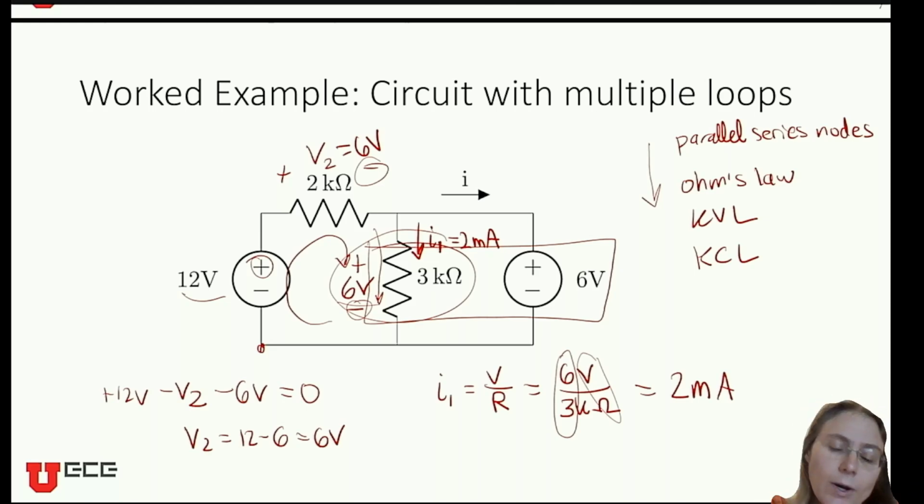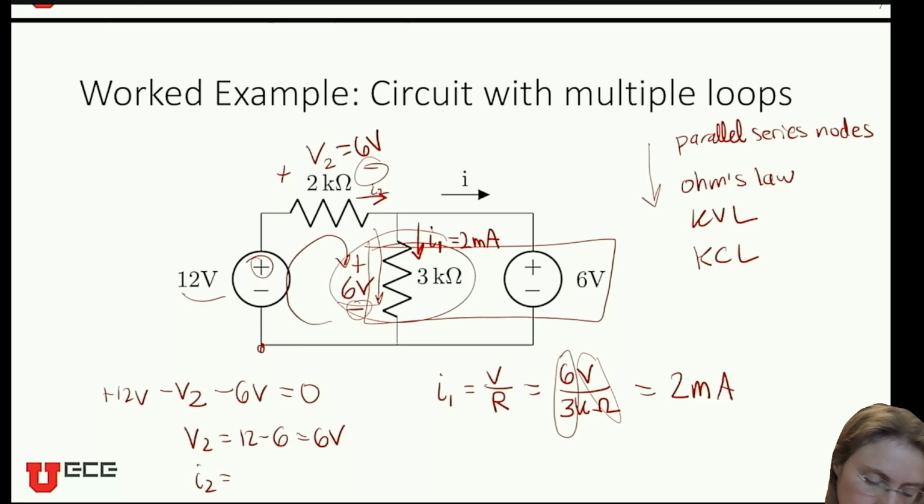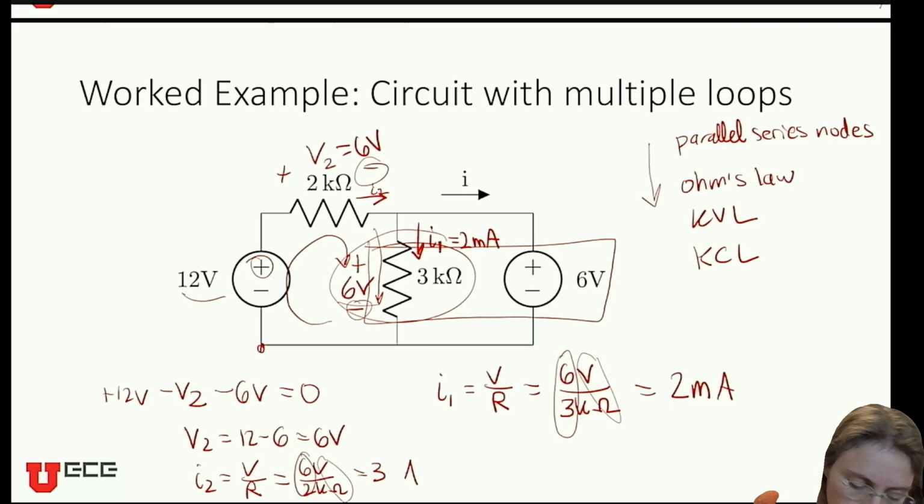Okay, now I know the voltage and the resistance of the 2 kilo ohm resistor, so I can use Ohm's law to get this current right here. I2 is equal to V over R, so 6 volts divided by 2 kilo ohms. So again, 6 divided by 2 is 3. Volts divided by ohms is amps.